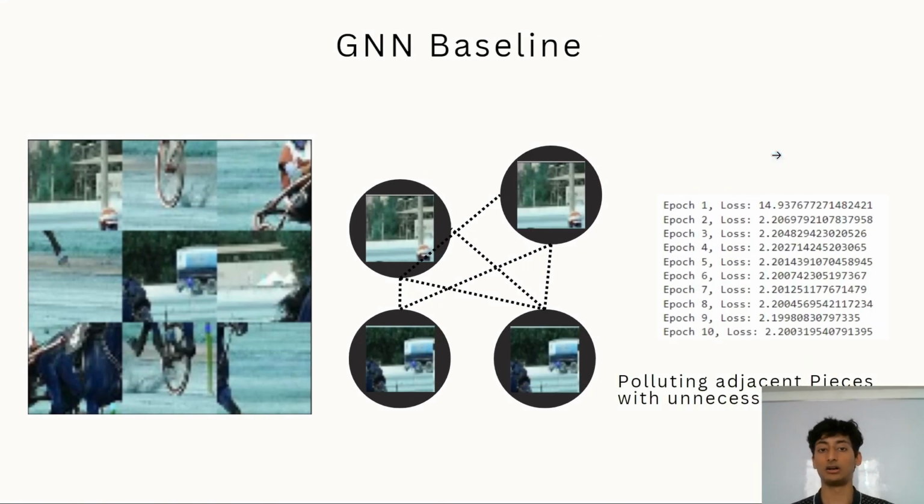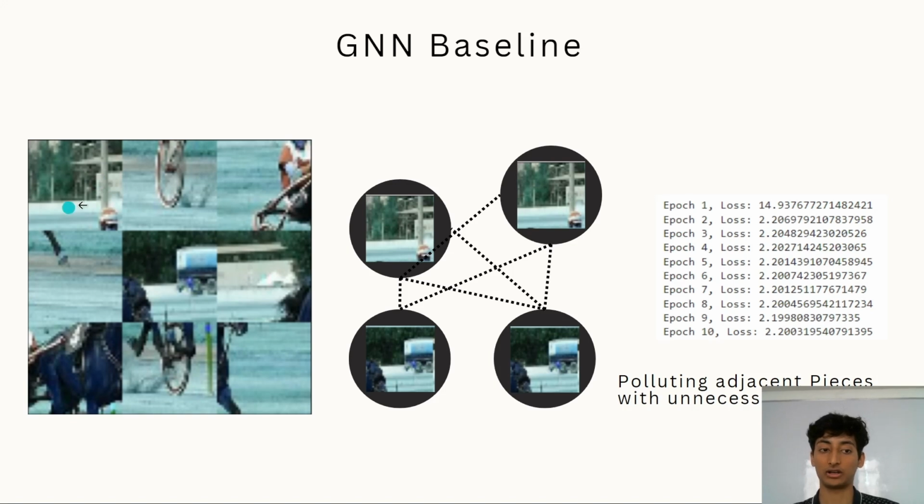Then we come to the graph neural networks baseline. On the left side, you may see a jumbled image, and these are the pieces. It's also an image of a horse and a person riding the horse. We can use one tile or one piece as one node in a graph, and the connections the graph makes are basically the solved jigsaw puzzle.